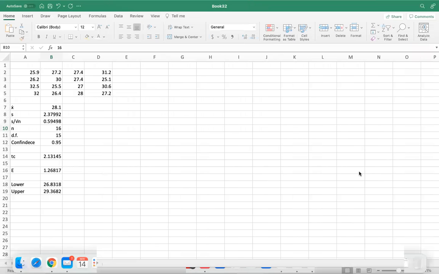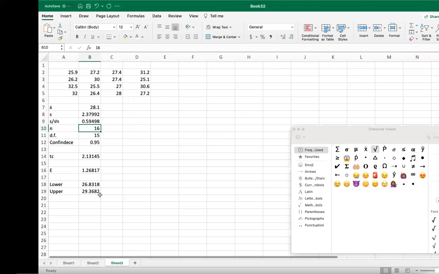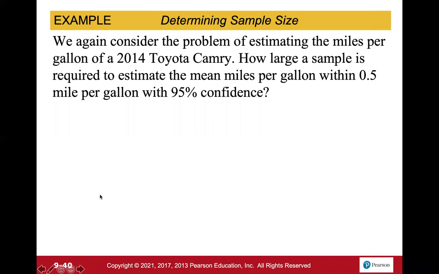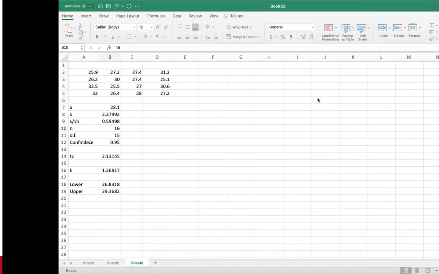Ooh, it looks like we lost our work. Okay, no big deal. So for miles per gallon, we need 0.5. So E is equal to 0.5, and we have 95% confidence. That should be everything that we need.